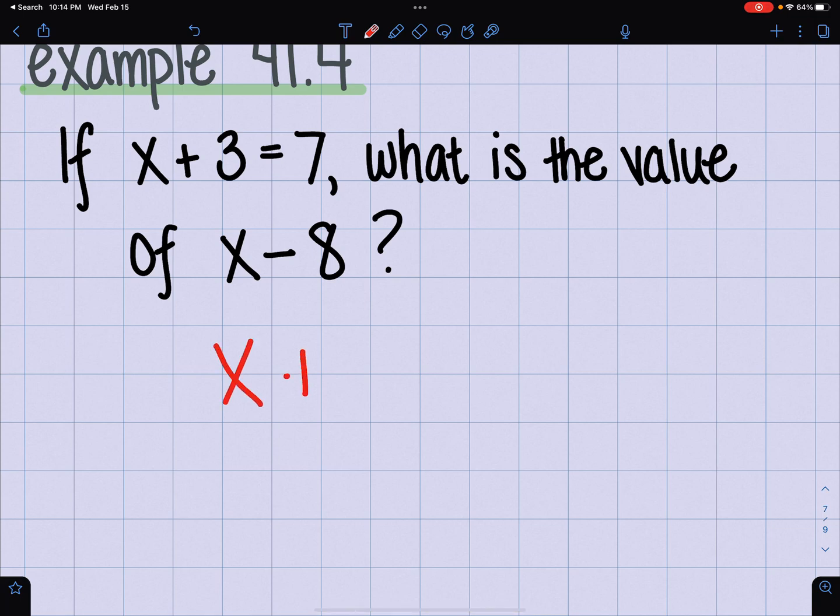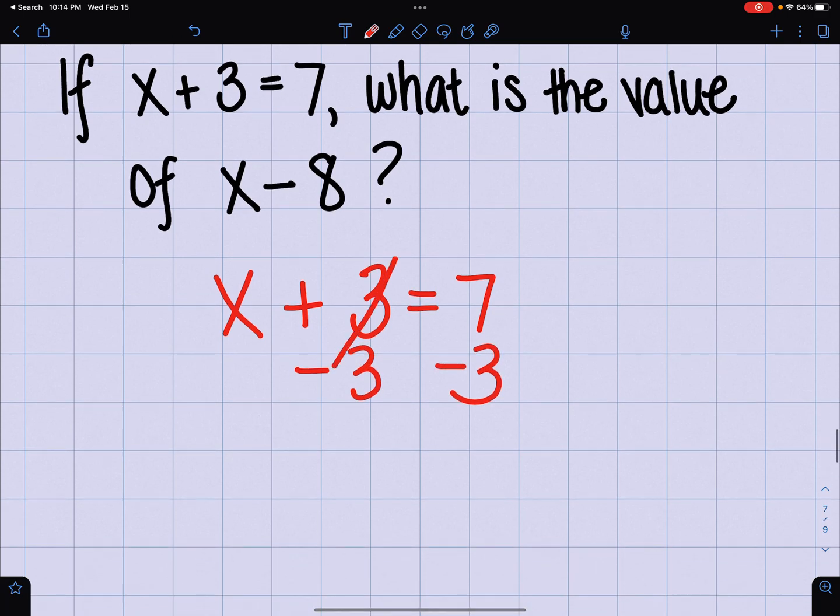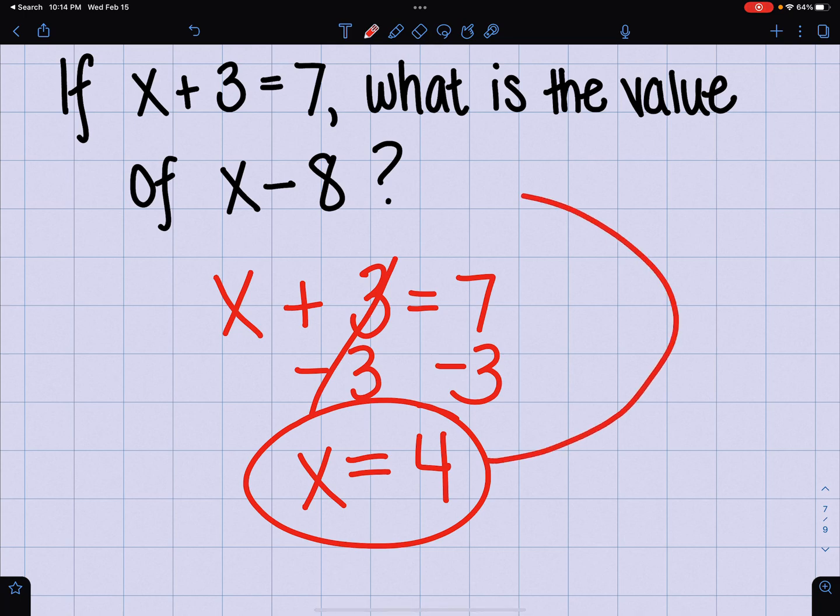Easy. X plus 3 is equal to 7. That's so easy. You just subtract 3 from both sides, and these cancel out. So you have x is equal to 7 minus 3, which is 4. Okay, now you take this answer and figure out the second part of the problem. Because they're saying if x plus 3 is 7, then what is the value of x minus 8?